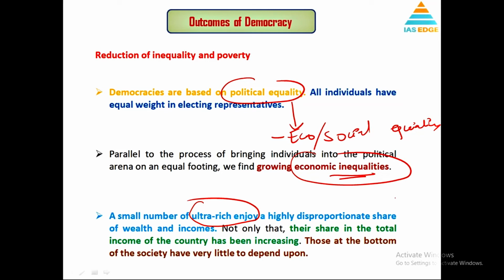But again, it is not possible to bring 100% equality. But we can ensure that the disparities are brought down, because this is a real problem even today. Government takes measures, government takes effort. So we have to ensure that the many ultra rich people in India, उनके पास सारा wealth न जाए.